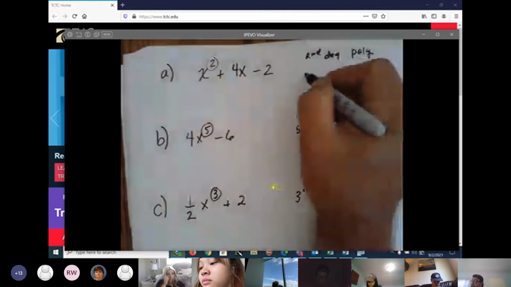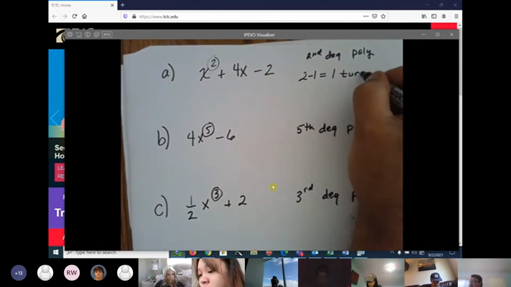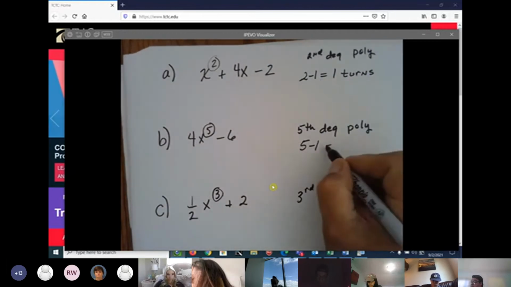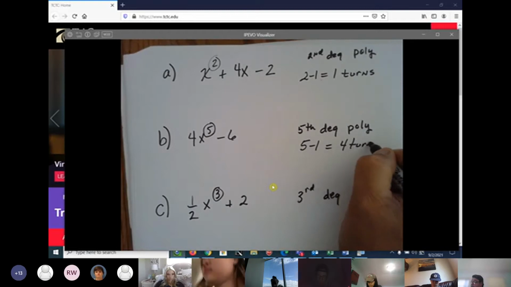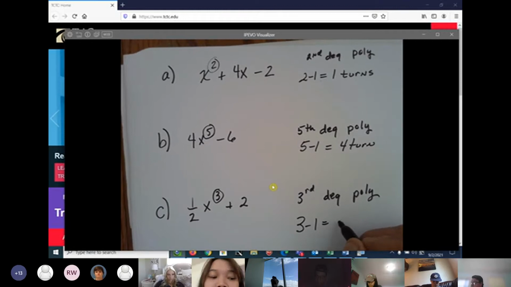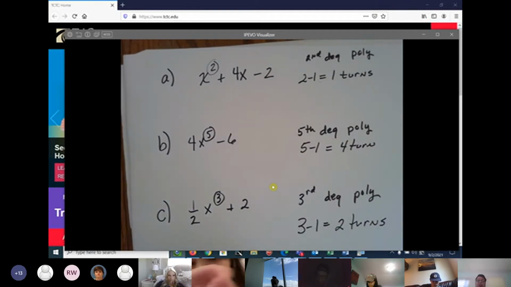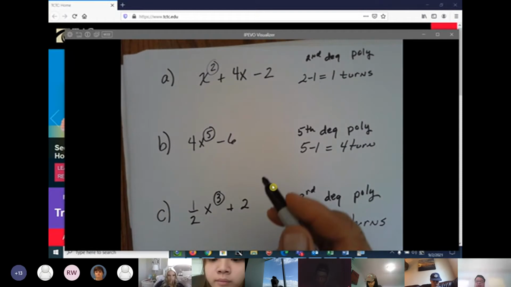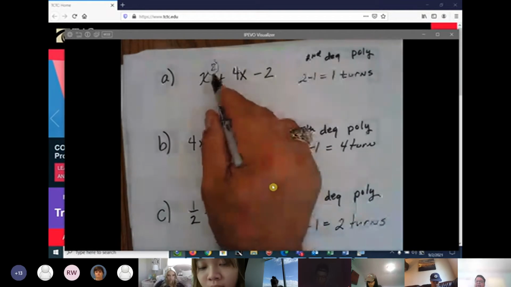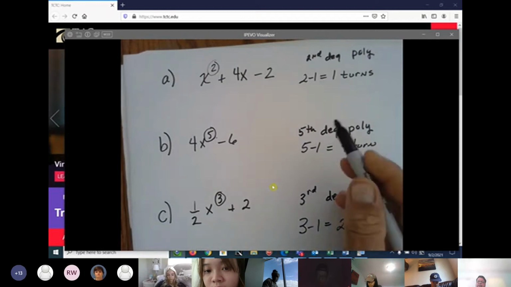Well, we can say 2 minus 1 is equal to 1, and that's how many terms we have. 5 minus 1 is equal to 4 terms. And then 3 minus 1 is equal to 2 terms. So with a polynomial, you can actually tell how many terms you're going to have by subtracting 1 from the degree, and that will be how many terms you have.